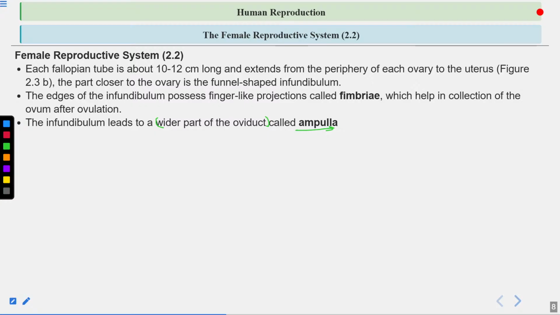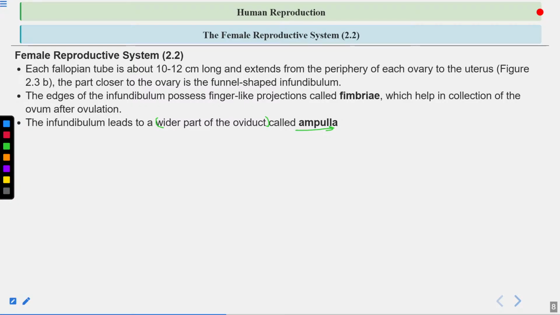So the egg reaches the ampullary region, and the sperm will also reach the ampullary region. Okay, and it is very important that both the gametes, the sperm and the egg, should be present at the same time in the ampulla. Then only fertilization will occur. That's why not all coitus leads to pregnancy.